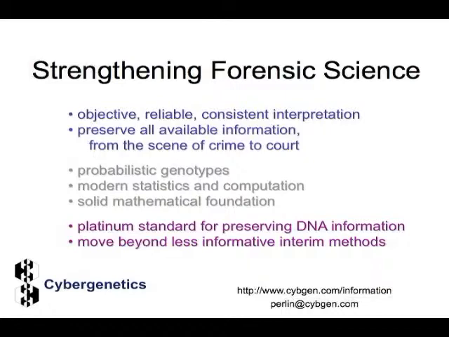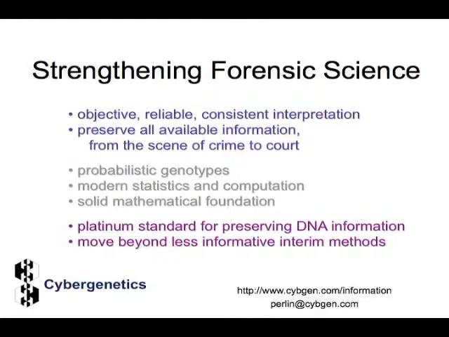The approach is to use probabilistic genotypes, recognizing that the genotype is the summary statistic, the only summary statistic from DNA evidence that enters into the likelihood ratio. And the more informed those probabilities can be, the more we can preserve. We use, and other groups as well, use modern statistics and computation.